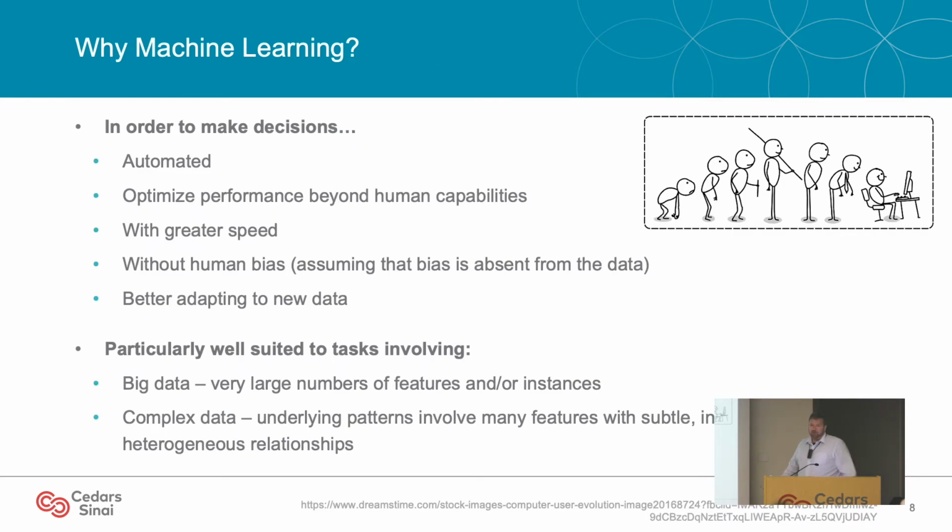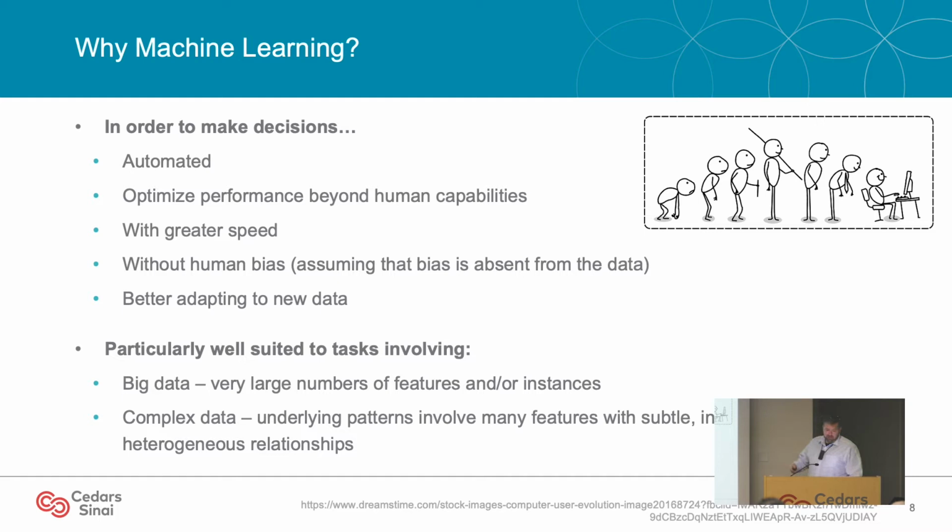So why are we interested in machine learning? In general, we want to make decisions that are automated. We want to optimize performance beyond human capabilities. We want to do this with greater speed. We want to avoid human bias, assuming that bias is absent from the data. We want our models to better adapt to new data.